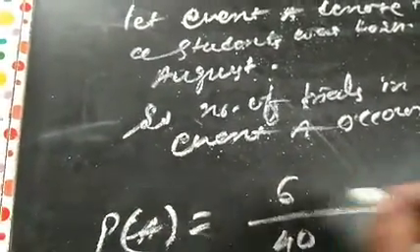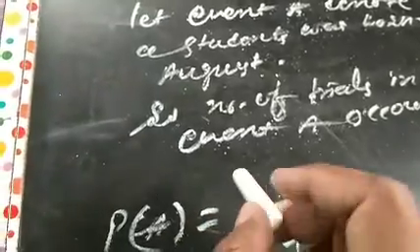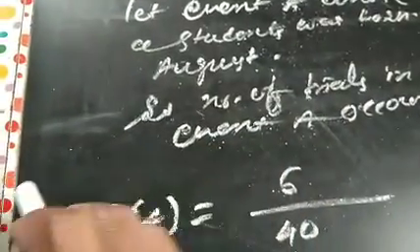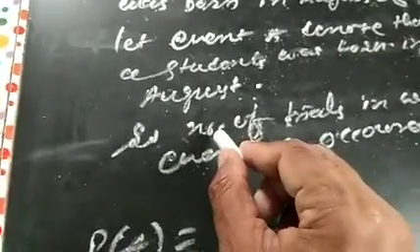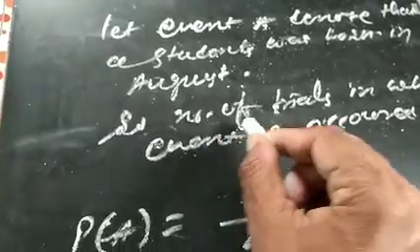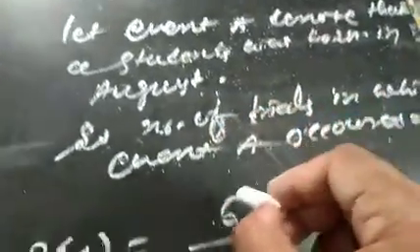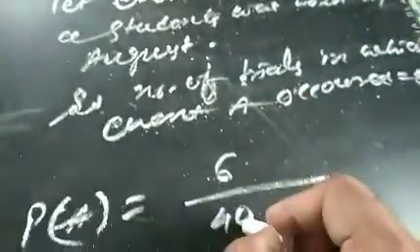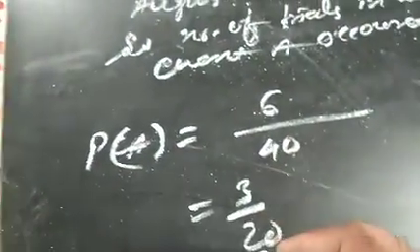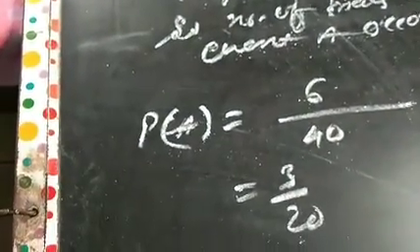You write the formula, whichever formula you remember, as we already wrote in the first and second: the number of trials in which event A occurs upon the total number of trials. Here event A occurs 6 times and the total number of trials is 40. So we get 3 upon 20. This is answer 3.